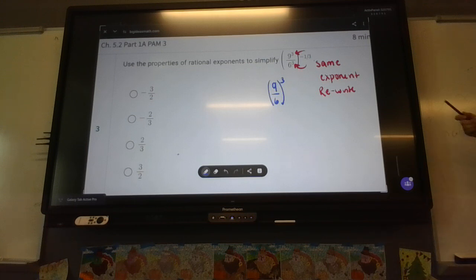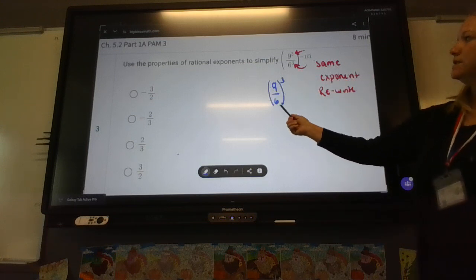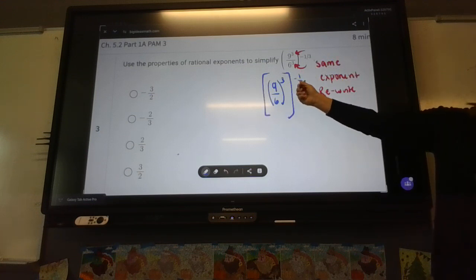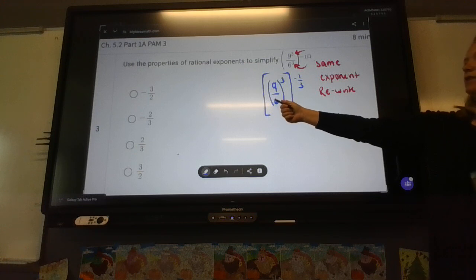This is the same as 9 to the 3rd and 6 to the 3rd. I'm not going to forget about that negative 1/3, it's still outside there, but I work from the inside out.